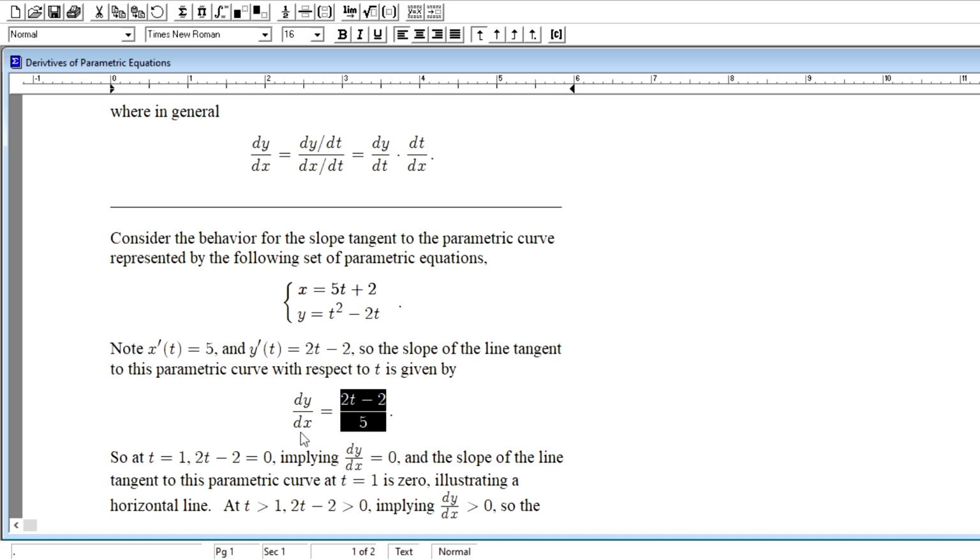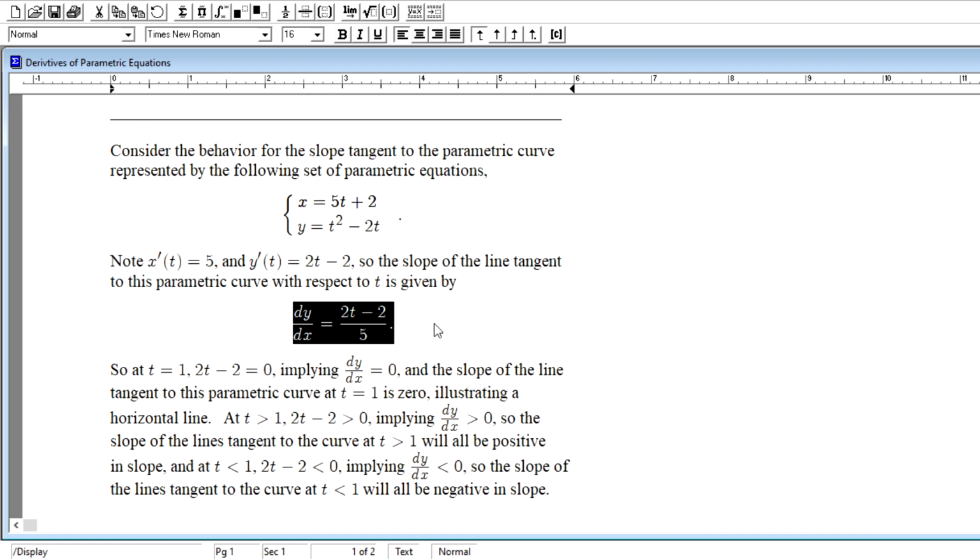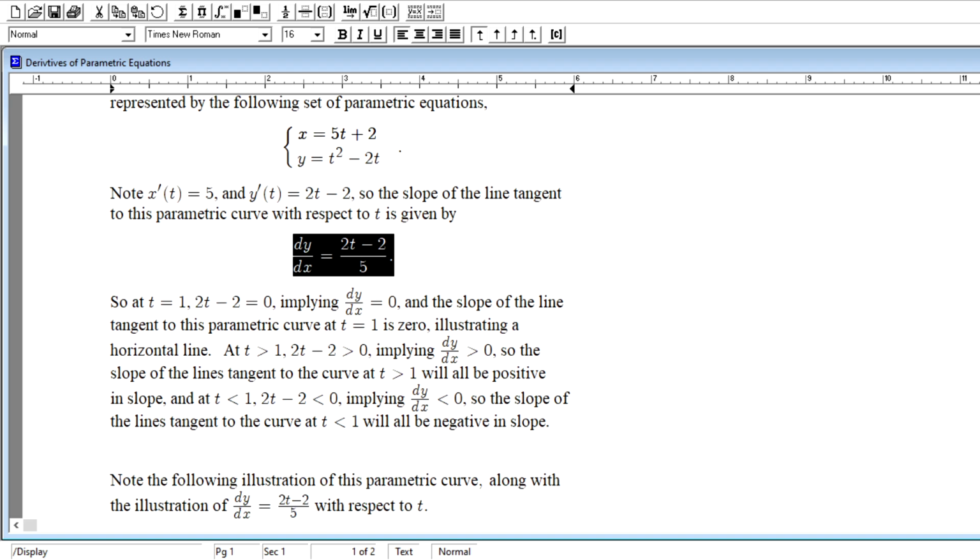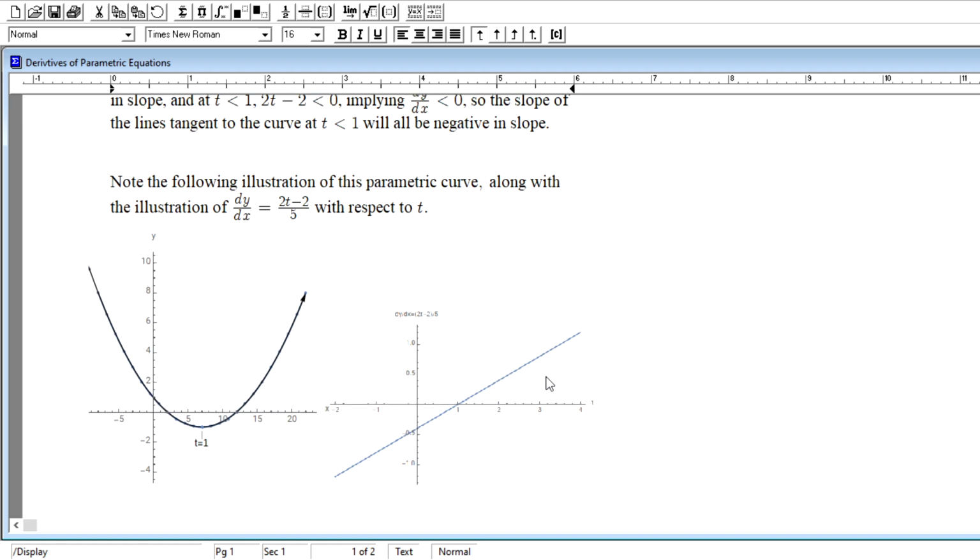Where at any particular value of t, we can evaluate the slope on the curve using that formula, or analyze the functional behavior of dy dx in terms of t to come up with an overall description of those slopes of the lines tangent to the curve.